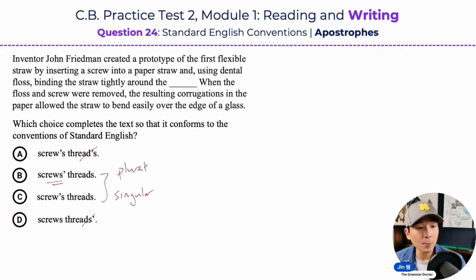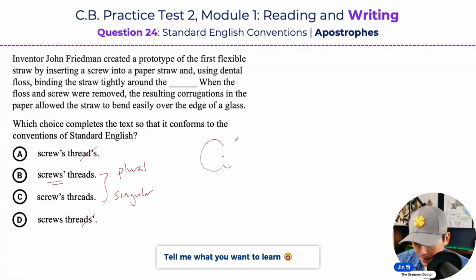This is where it's not enough to just guess. This is where, as you've heard me talk about, you have to look for context clues. Guys, context is king on the SAT.